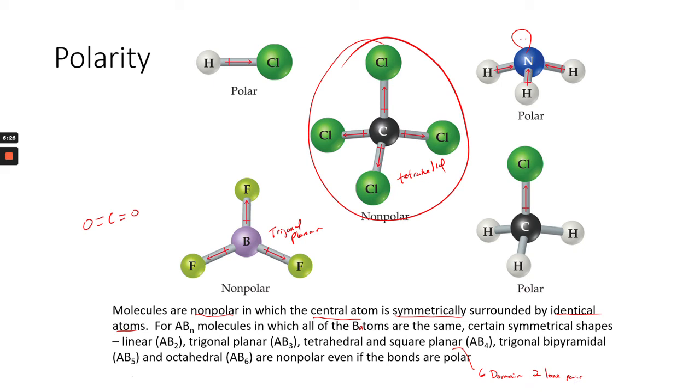Trigonal bipyramidal, that's your 5 domain guy. And octahedral, which is also your 6 domain guy with all bonds. These will always give you a nonpolar molecule if B is the same in all of them.